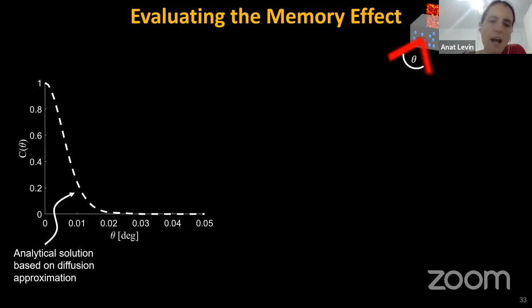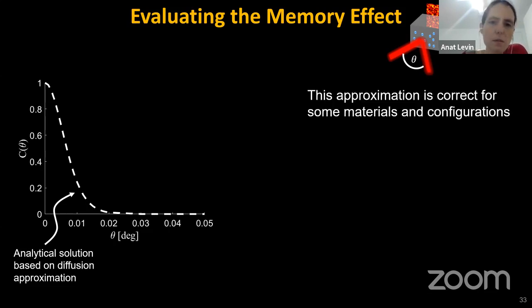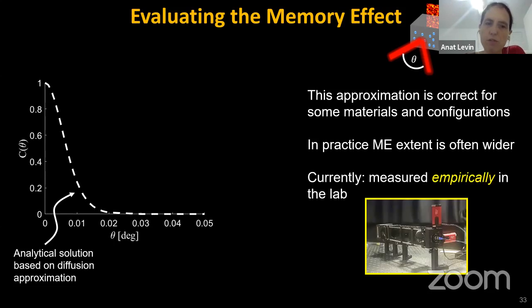Under this assumption, you can derive an analytical result, but it's well known in the literature that this approximation is not correct for every type of material, and in practice, people have noticed in the labs that for many practical materials, the memory effect is much wider than what is predicted by this pessimistic analytical result.